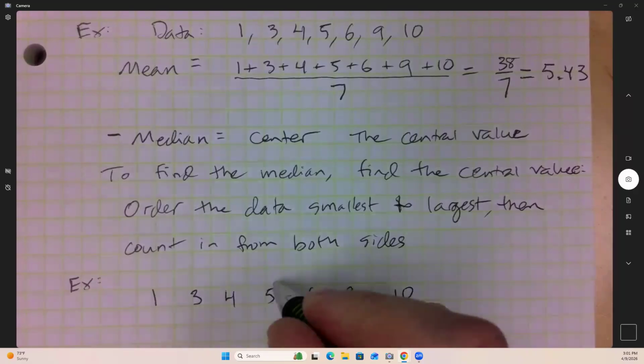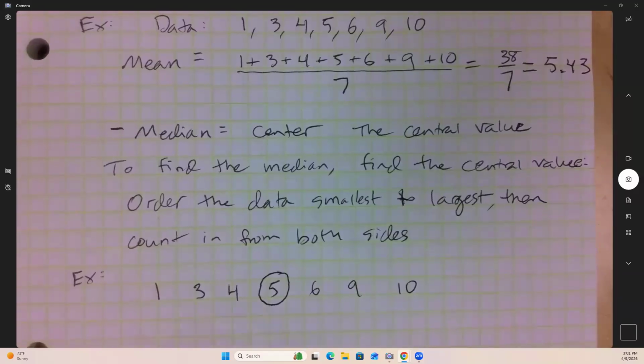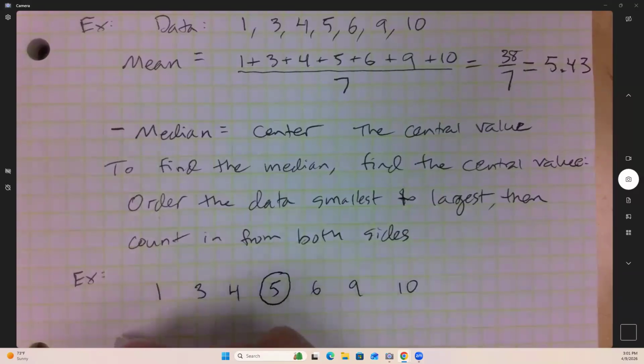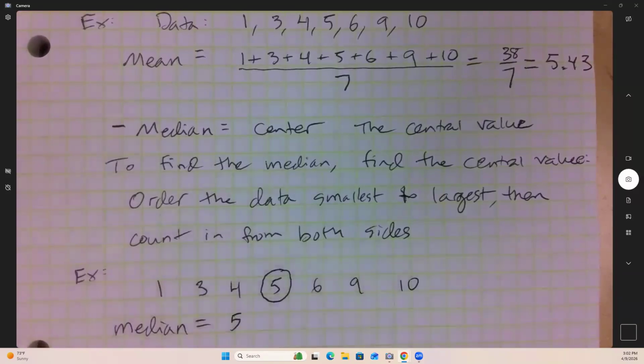Maybe it's not necessary with just 7 data points, but if you have like 23 or 32 or something like that, it can help to count in with your fingers instead of just eyeballing it. So the median of this data is 5. And again, that's pretty central.